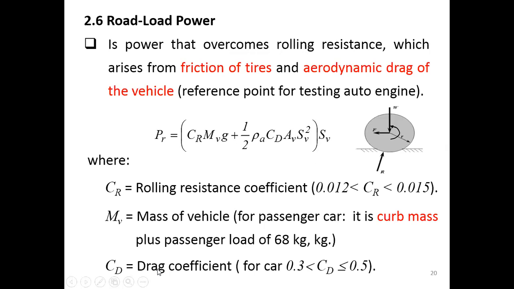Now they look at the engine with the car altogether, so they consider the load power. It is the power that overcomes the rolling resistance. This rolling resistance comes from the friction of tires and the aerodynamic drag of the vehicles.